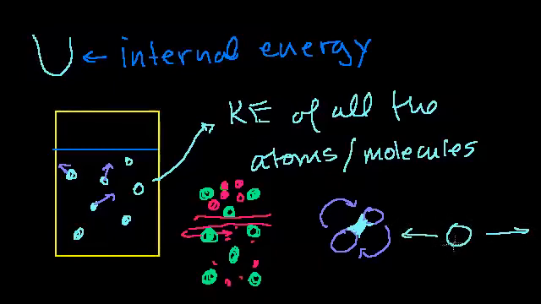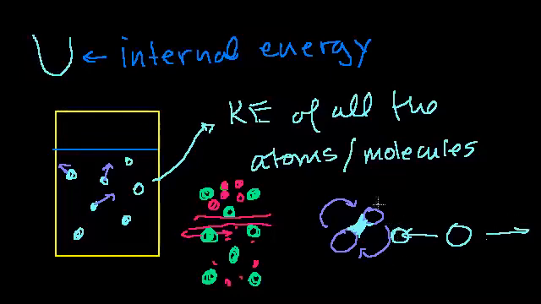When it's at the middle point, it has a lot of kinetic energy. But at this point right here, when it's about to go back, it's completely stationary for a super small moment. At that point, all of its kinetic energy is potential energy. And then it turns into kinetic energy, then it goes back to potential energy again. It's kind of like a pendulum, or actually harmonic motion.